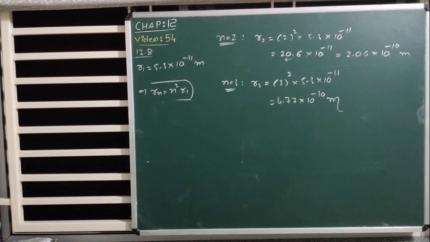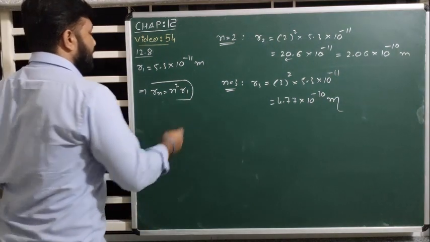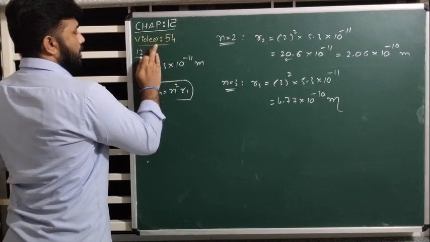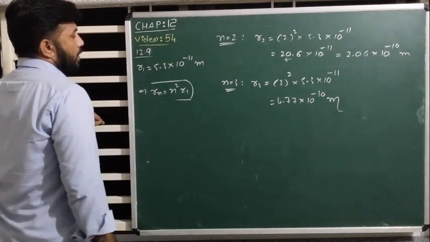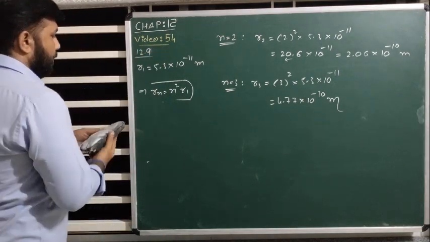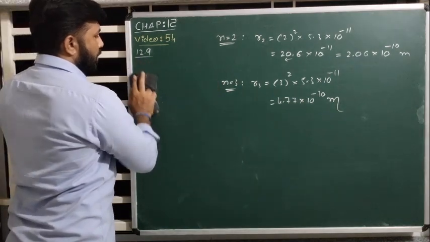So this type of numericals are very easy if it is asked in our exam. Now let us see, last but not the least, 12.9. What is given?